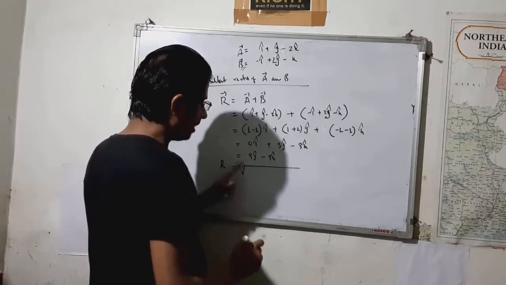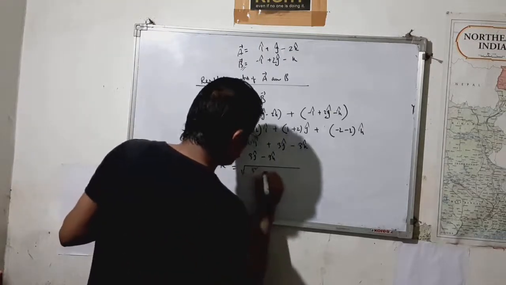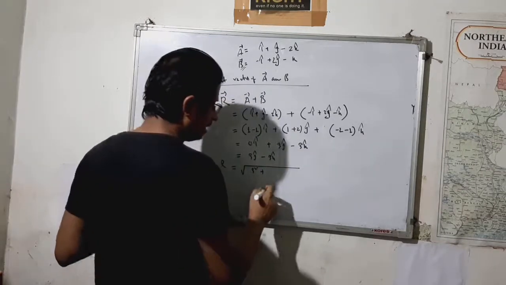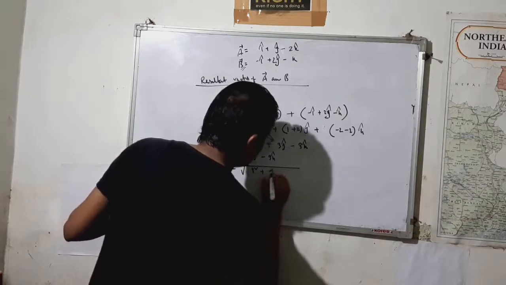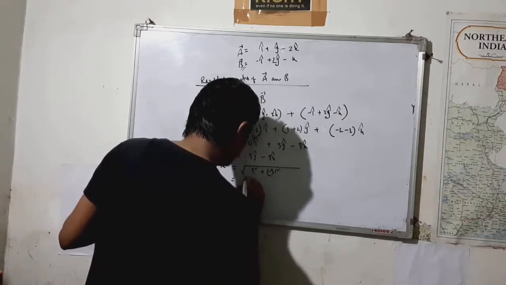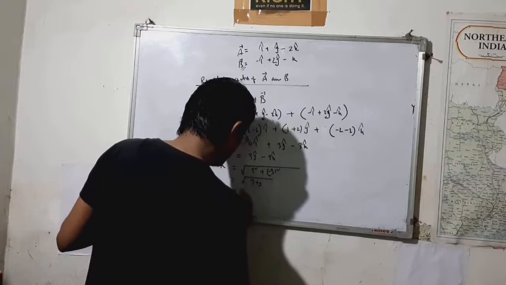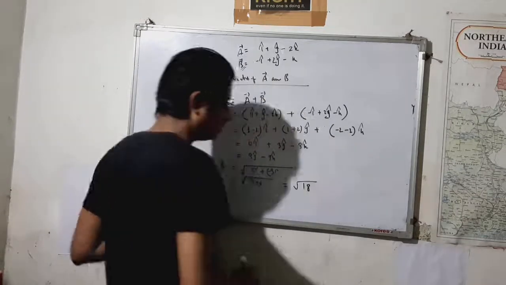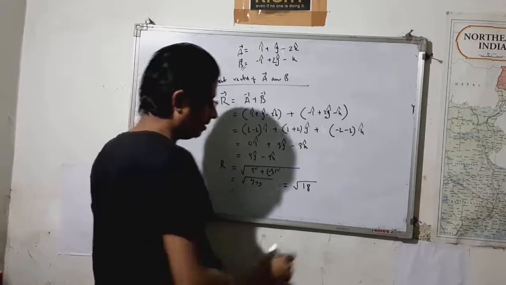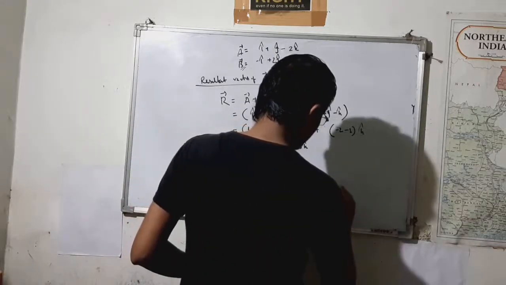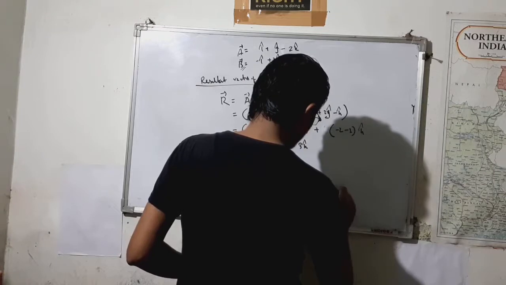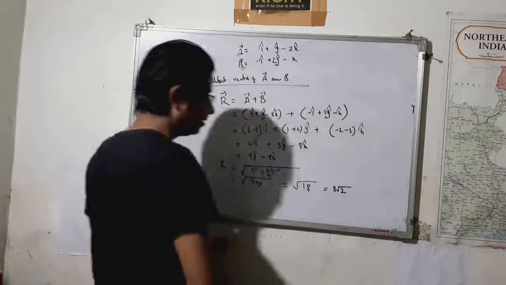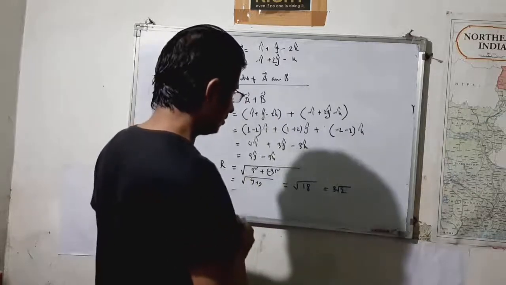Then the second term, ry square, is 3 square, and the third term, the z component, rz square, is minus 3 square, so it is 9 plus 9. This is equal to square root of 18, or we can write 3 root 2, right?